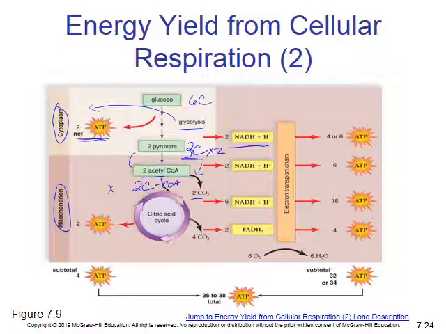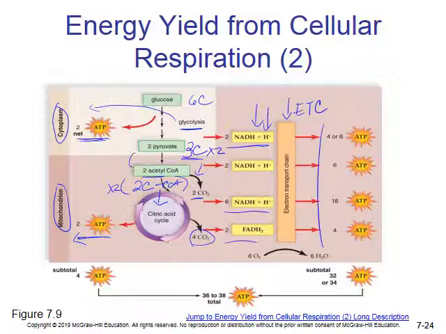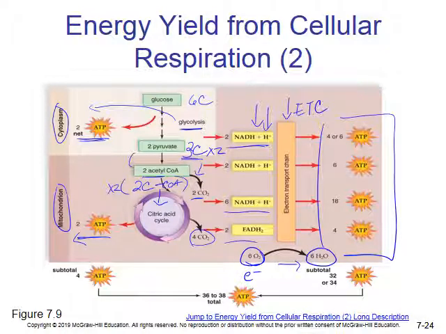So then the 2 2-carbon CoAs enter the citric acid cycle. They're going to generate 2 ATPs, 4 carbon dioxides, 2 NADHs, and 2 FADHs. And then all of these are going to get funneled into the electron transport chain, and this is where the majority of our ATP is generated. Remember that oxygen has to be the final electron acceptor from the electron transport chain, and that we're also going to create water.